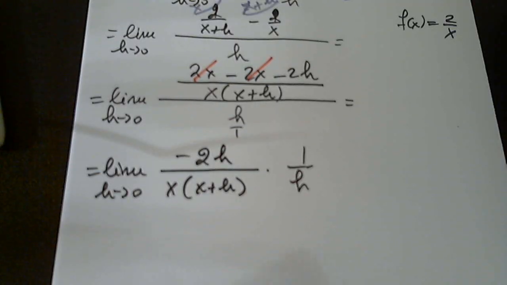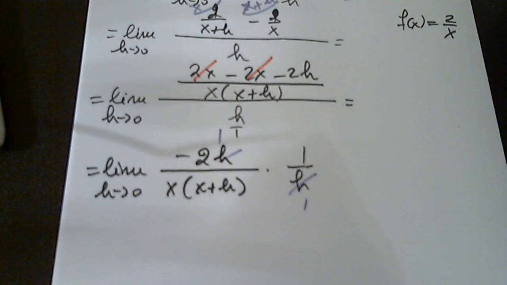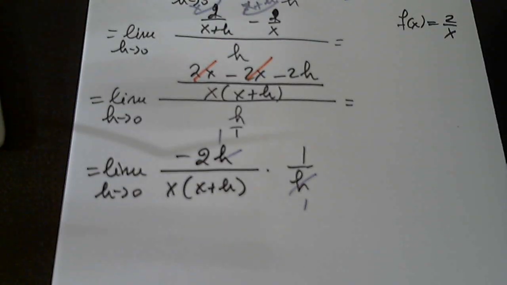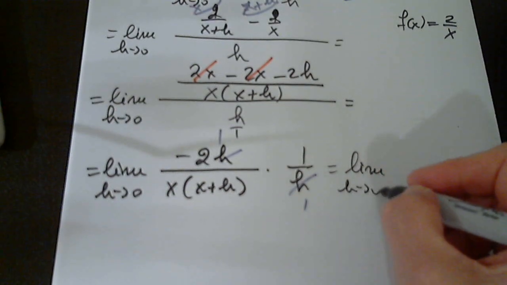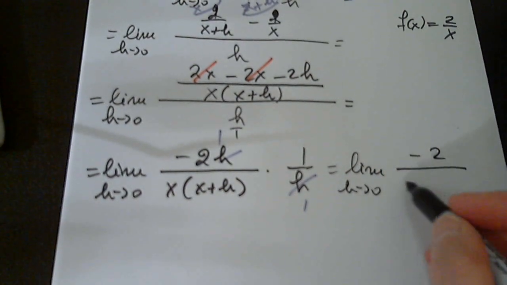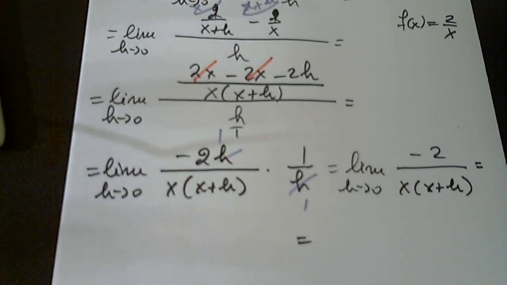The second step has to happen. If it doesn't, then I'm in trouble. So finally, I have the limit as h approaches 0 of negative 2 over x times x plus h. Finally, apply the limit.